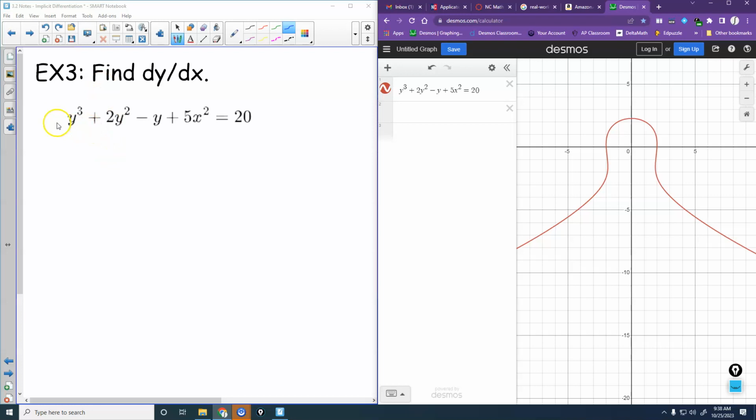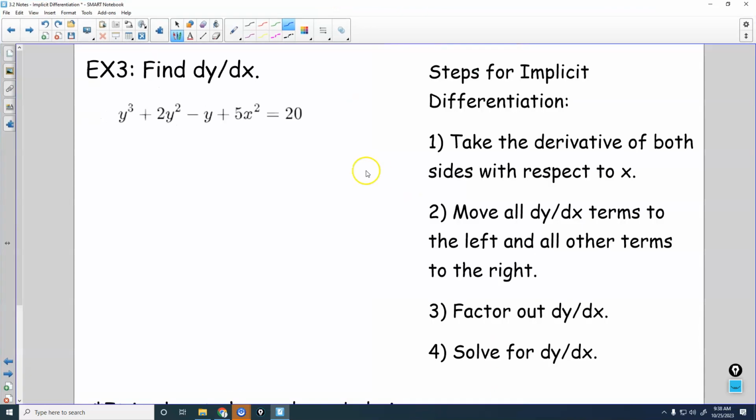So I want to find dy dx, which is our derivative, right? To find the derivative for implicit differentiation, you're going to take the derivative of both sides with respect to x.